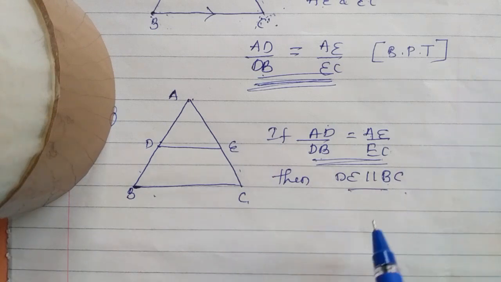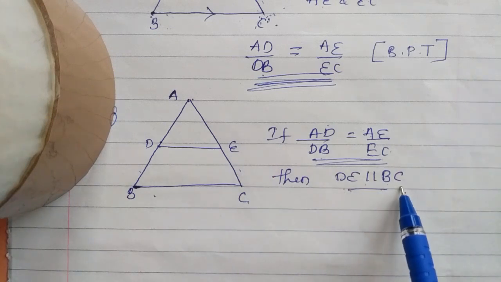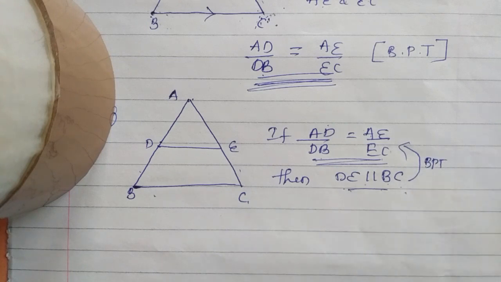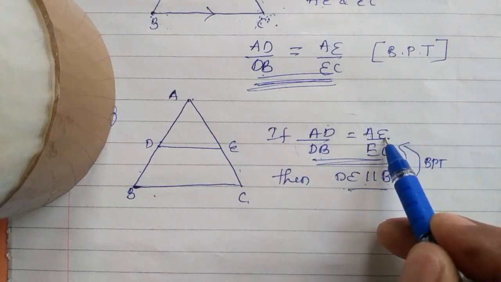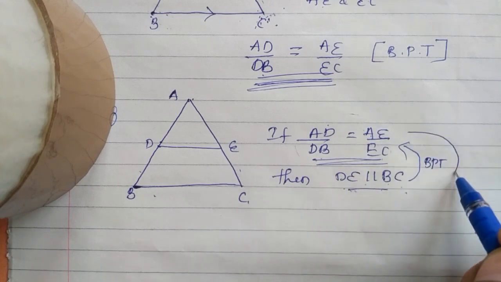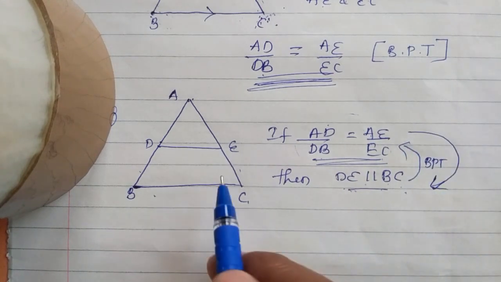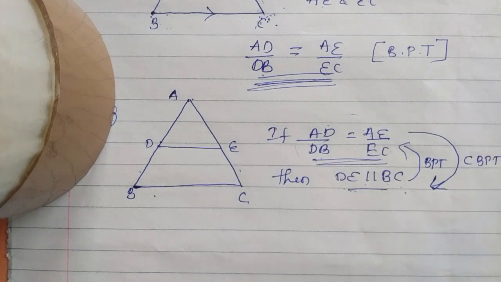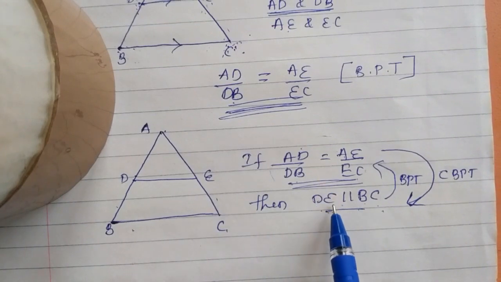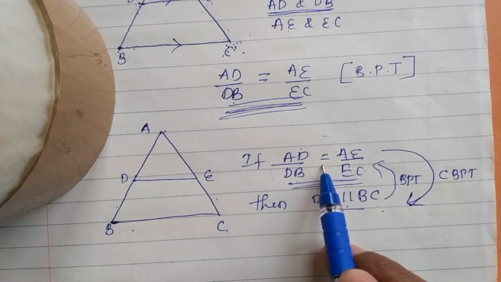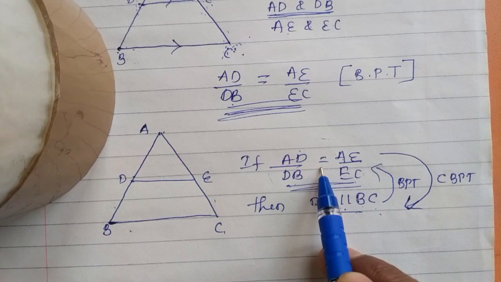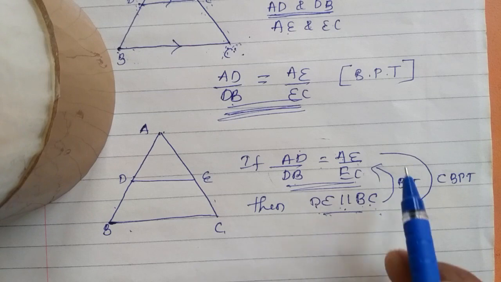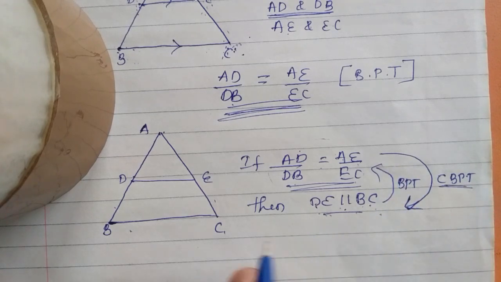Got it? In BPT, lines are parallel, then the sides are divided in equal ratio. In converse of BPT, sides are divided in equal ratio, then lines are parallel.